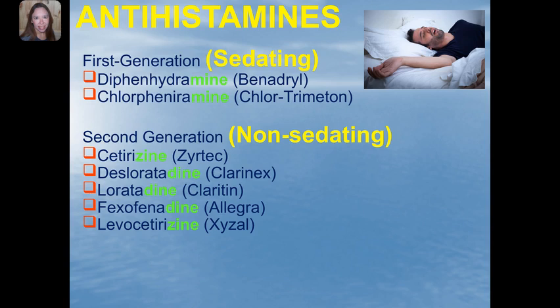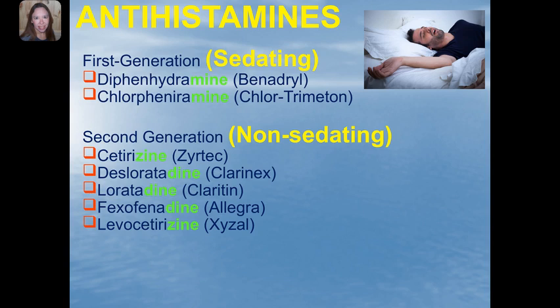First generation antihistamines, these are going to have the sedating side effects. This is going to be where it could be beneficial, where it's causing the patient to be a little bit sleepy. But in this case, think about how they're feeling with the allergic rhinitis. They're not feeling well. They're probably not able to sleep as well as when they are feeling good and they're healthy. So the side effect isn't necessarily a problem when it comes to trying to help our patient to feel better.